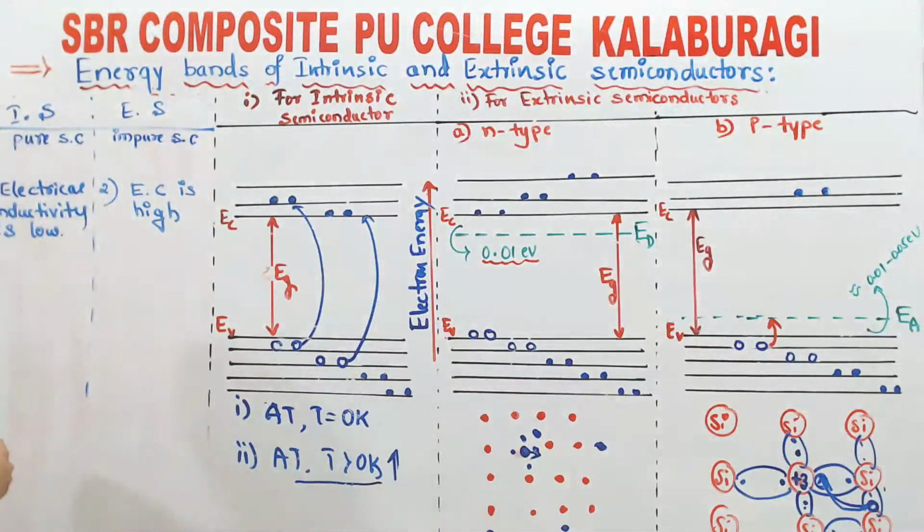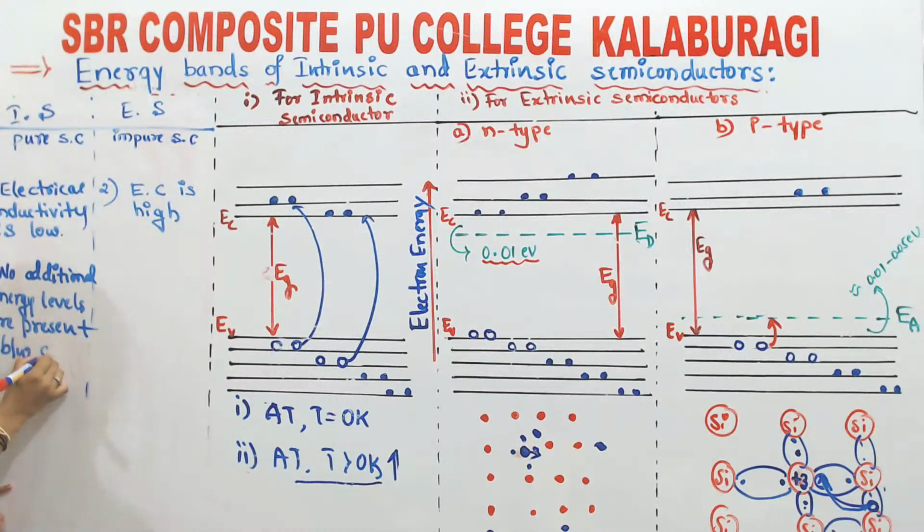So I can write here, there are no additional or allowed energy levels present between conduction band and valence band.